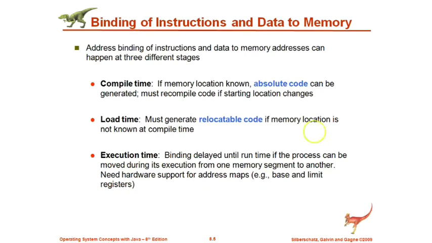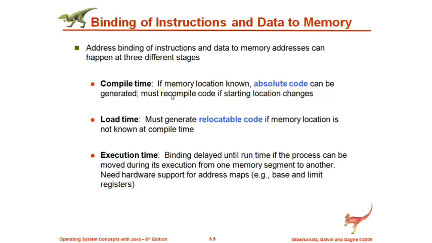So, classically, the address binding of instructions and data to memory addresses can happen at three different stages: at compile time, at load time, and at execution time. At compile time, if you know where the process will reside in memory, then absolute code can be generated.